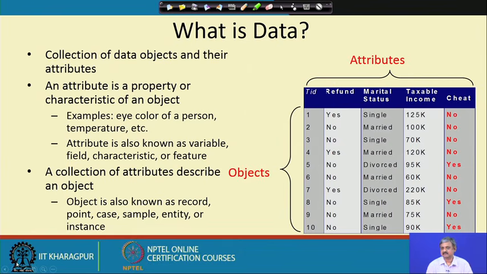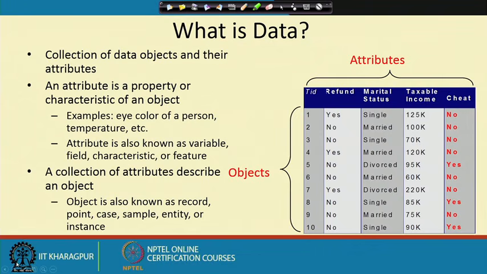So, maybe this is our data mining task that some bank has asked you to do. We will do this data mining, that means decide whether a person is a cheat or a normal person, based on the previous history of cheats and non-cheats, and this previous history is our data, that is what we will mine.